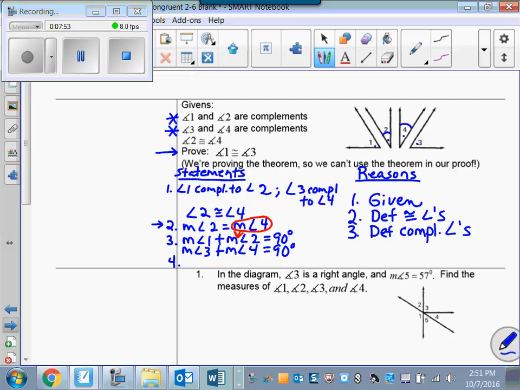So I'm going to rewrite this statement right here. So I'm going to say the measure of angle 1 plus, now substituting in the measure of angle 4, equals 90 degrees. Substitution property of equality.